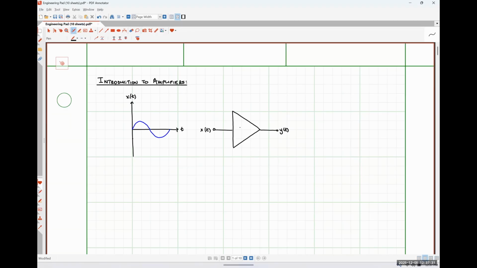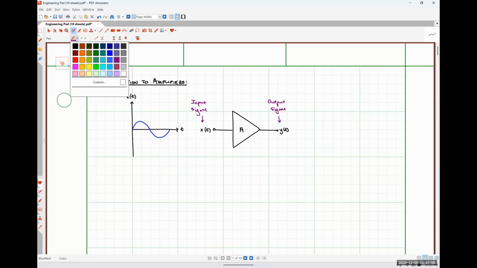And this amplifier provides some amount of gain A. Okay, so I'm just going to annotate this really quickly. So this is my input signal. This is my output signal. And this guy in the middle is my amplifier.